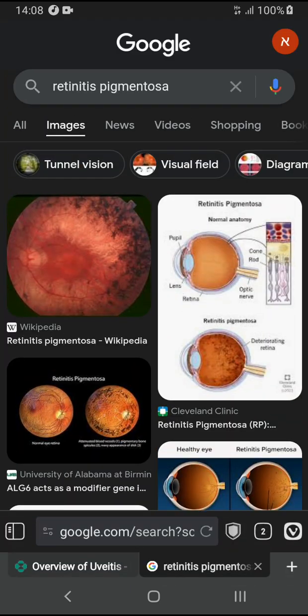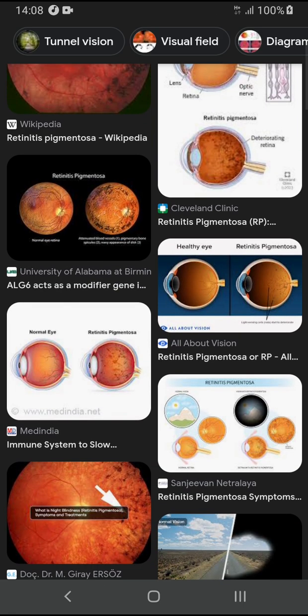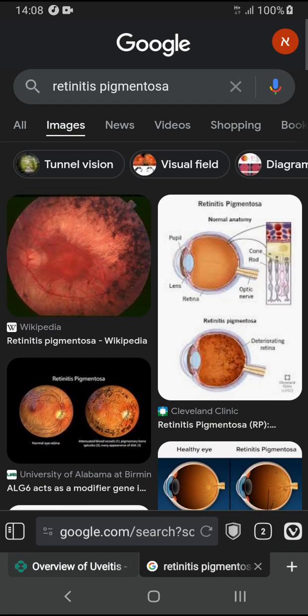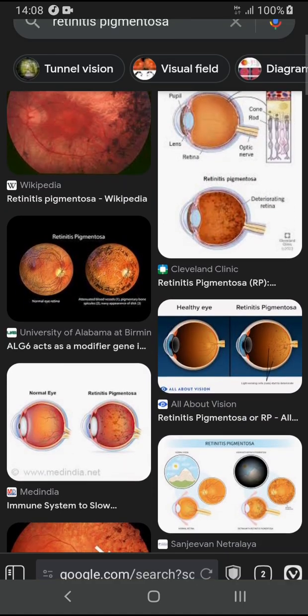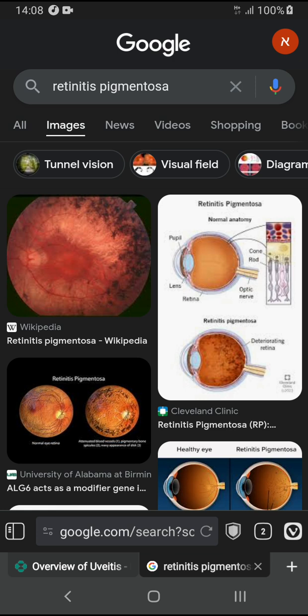Now, the prevalence of retinitis pigmentosa is around 1 in 4,000 people. So it's not very common, but among genetic diseases, it is quite common as a cause of inherited blindness. So this is about retinitis pigmentosa.